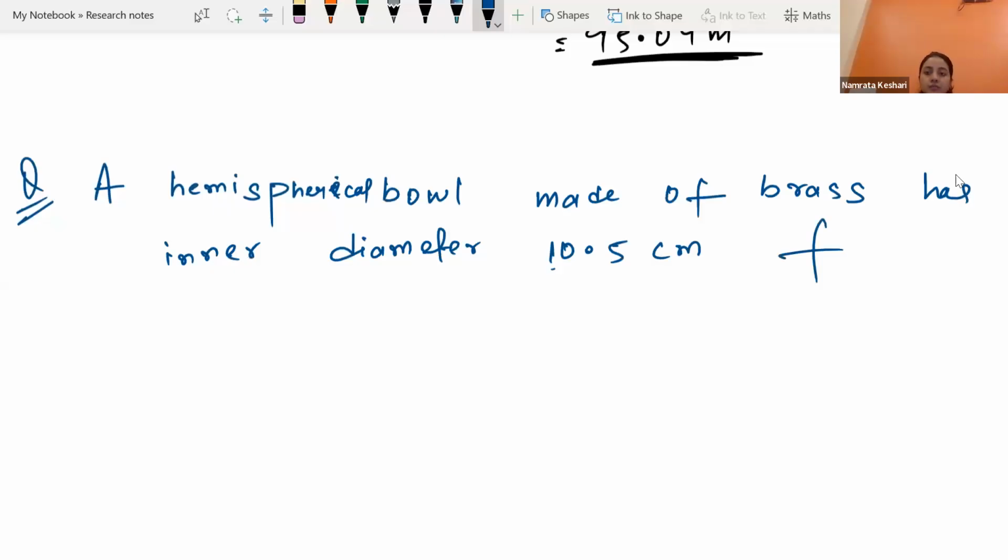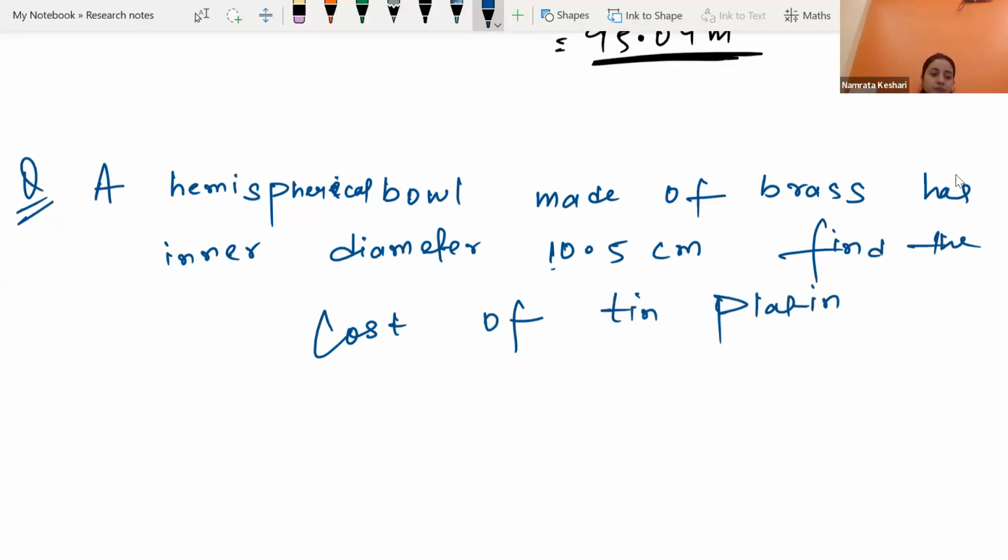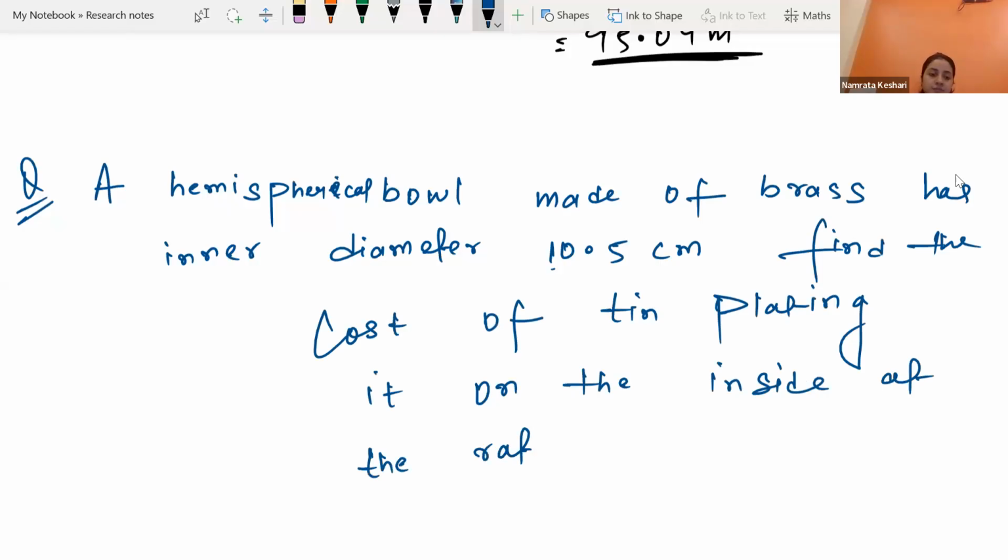Find the cost of tin plating it on the inside at the rate of rupees 16 per 100 centimeter square.